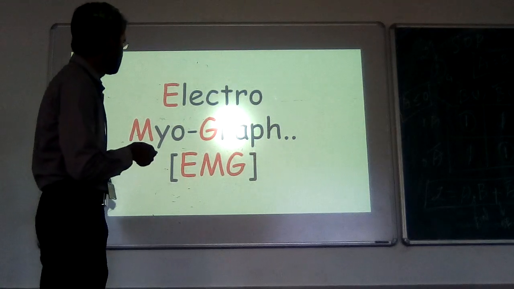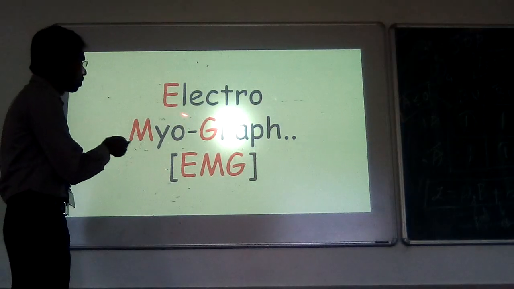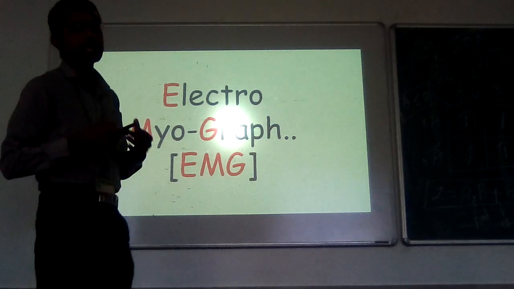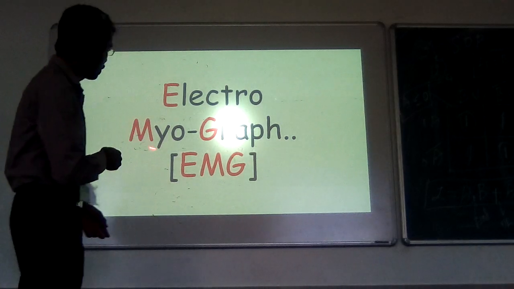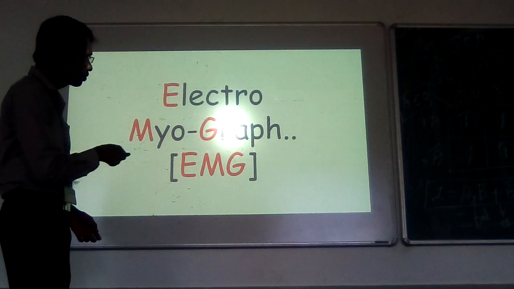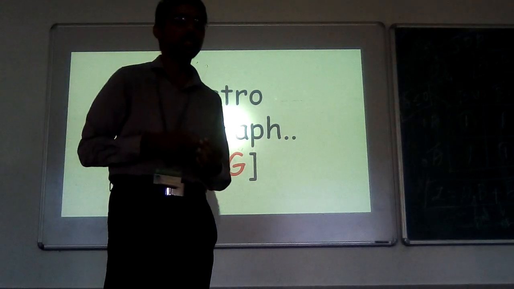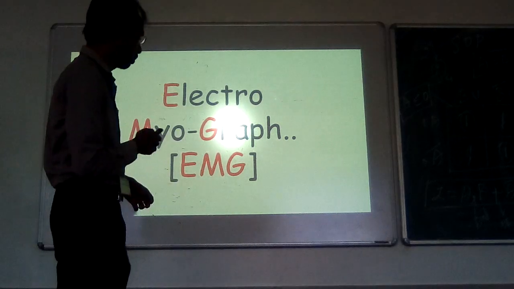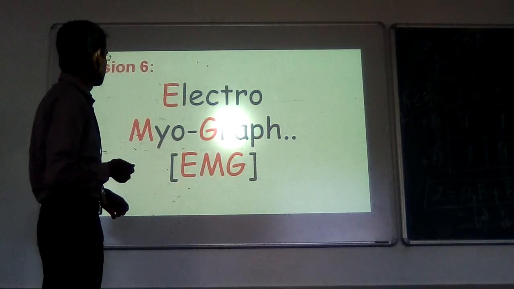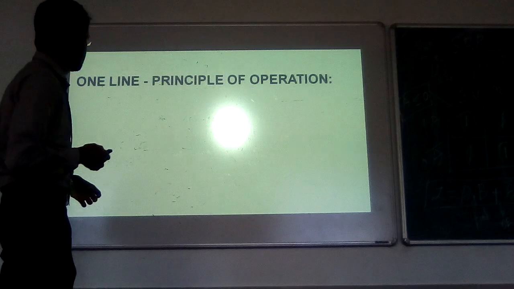Electro refers to electrical impulses, and myo means muscle. The graph is a plot of electrical activity associated with muscle movement inside the body, right? So let's get into the session.